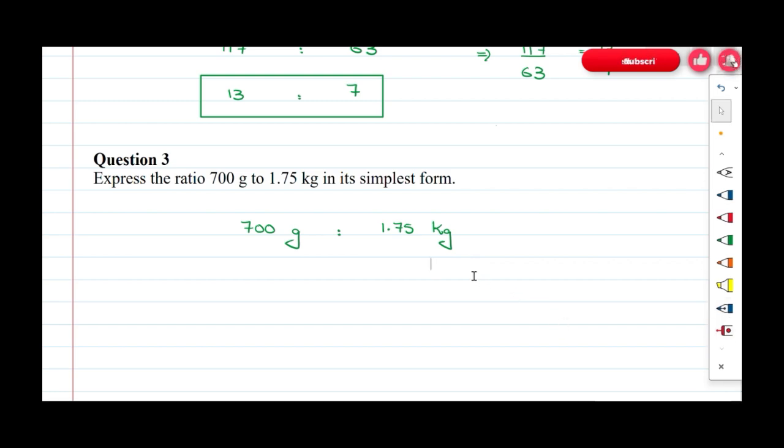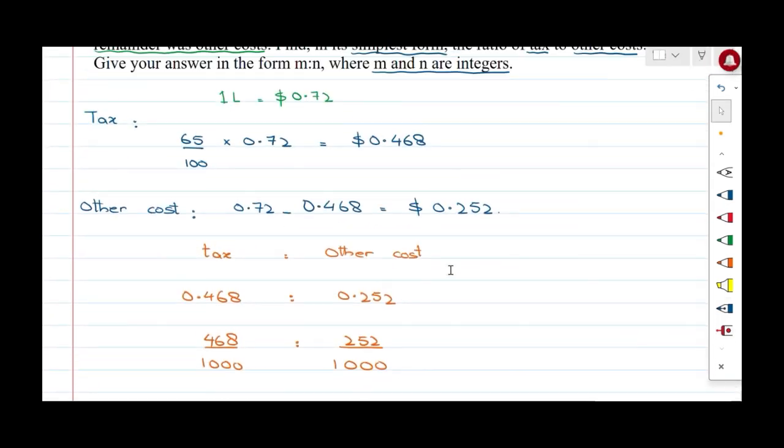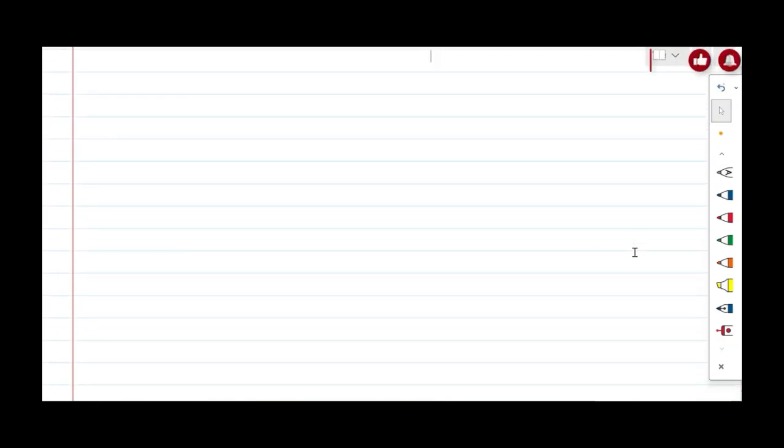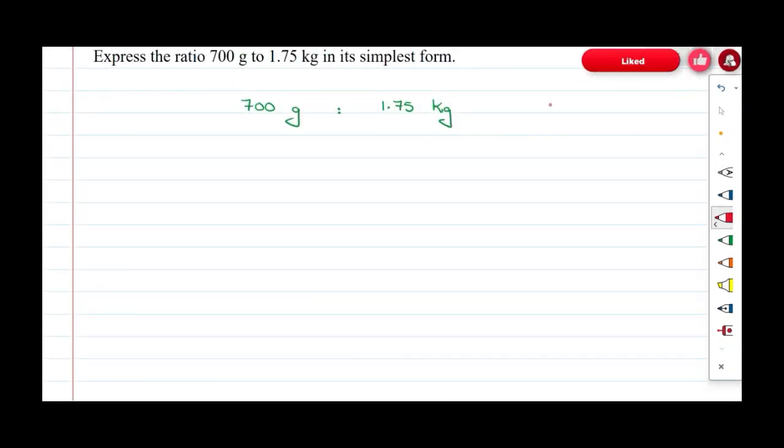So grams and kilograms are the mass conversions. Let me move up and look at the mass conversions. The mass conversion is 1 kilogram has 1000 grams. Okay, so let's do this question. 1 kilogram is equal to 1000 grams.